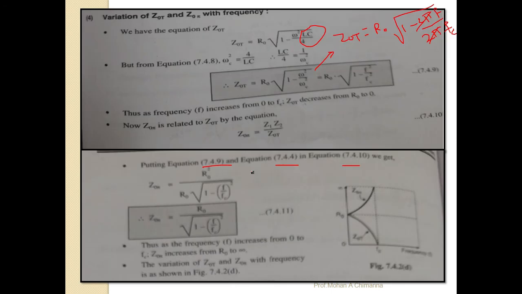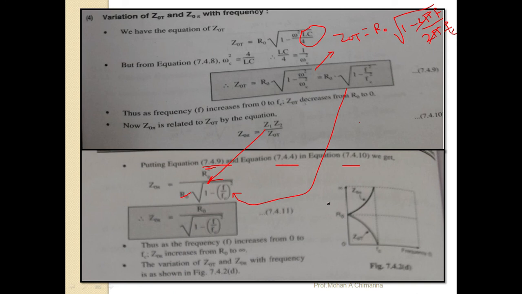So we substitute R0 square here. Z0 pi equals R0 square upon R0 root of 1 minus f upon fc square, then this R0 square and this R0 get cancelled, therefore Z0 pi equals R0 upon root of 1 minus f upon fc square.